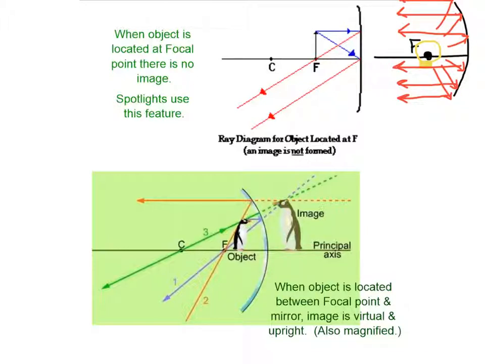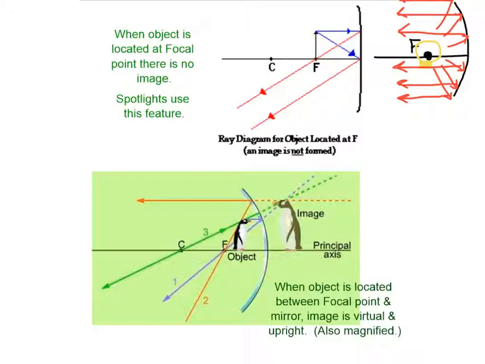And last, if we place an object between the focal point and the mirror, we will see an image that is virtual and upright and magnified. So all those things come into play when the object is placed in this position.